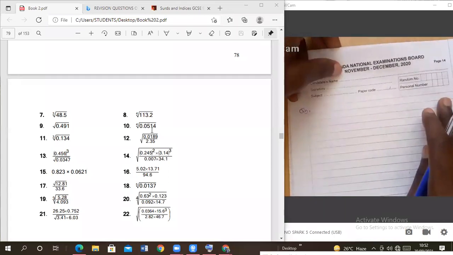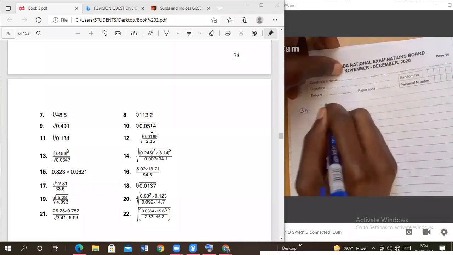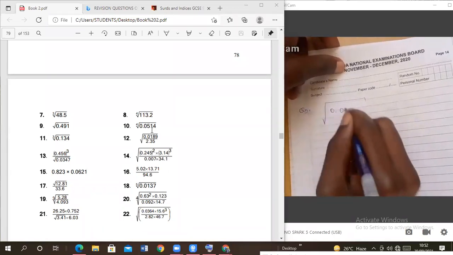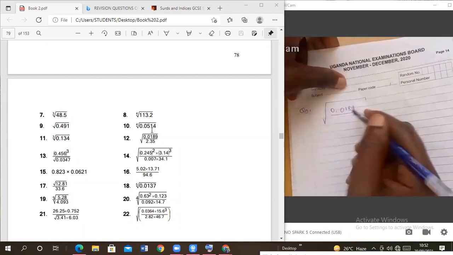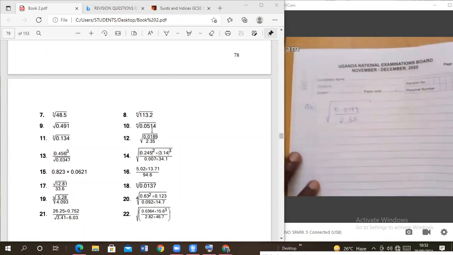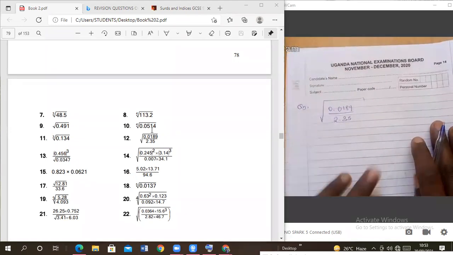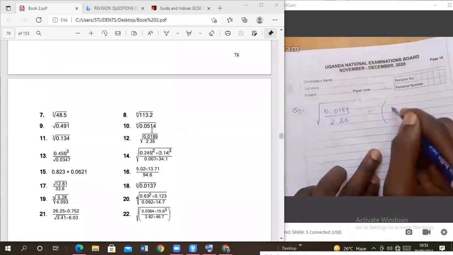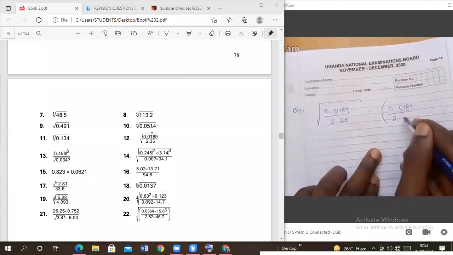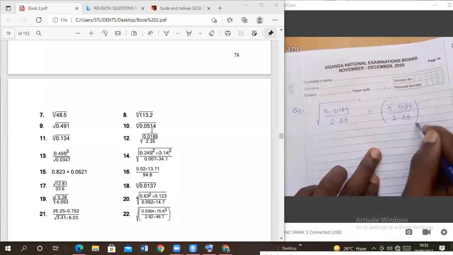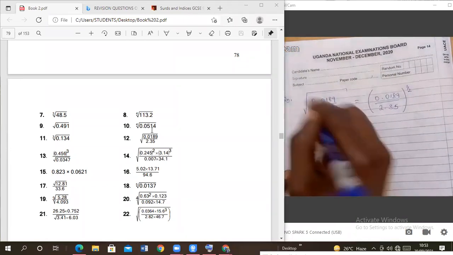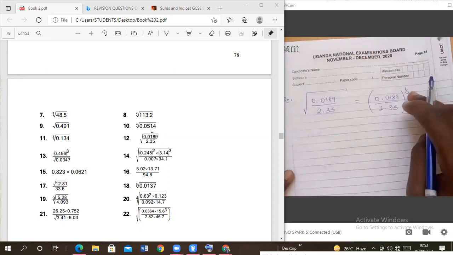We know the question is to evaluate. So they have given us the square root of 0.0189 divided by 2.35. We know that this is the same as 0.0189 over 2.35 to the power of a half, because square root means a number has been raised to the power half.